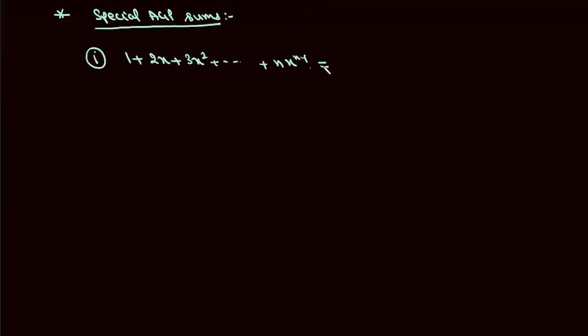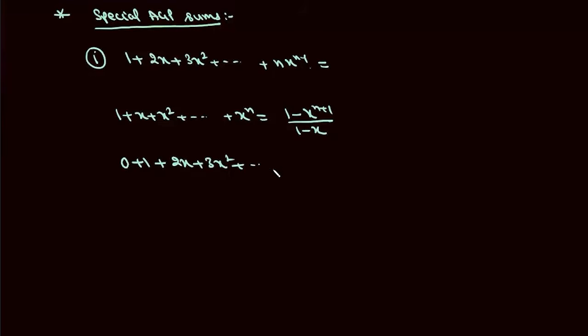Now we can get this sum using the result of a GP. We know that 1 plus x plus x square up to x to the power n will be (1 minus x to the power n plus 1) upon (1 minus x). Now if we differentiate this, we can write 0 plus 1 plus 2x plus 3x square up to n x to the power n minus 1.